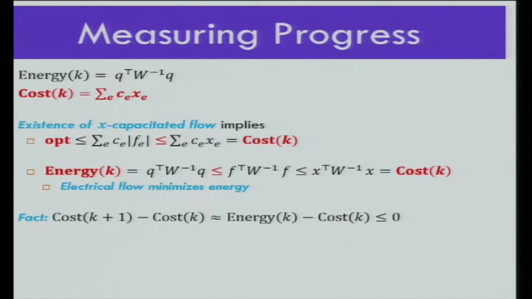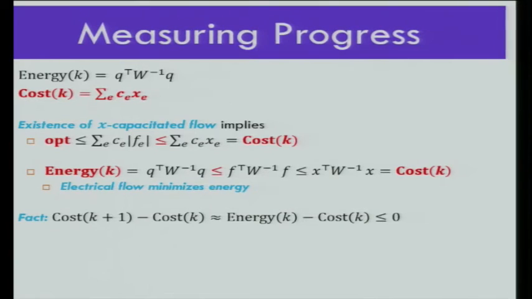And it is really not too difficult to show using Cauchy-Schwarz that the change in cost is really something like energy minus the cost. Okay? And by what we just observed, it's non-negative. So at least you don't expect this cost to increase. So it's possible that this actually might work.